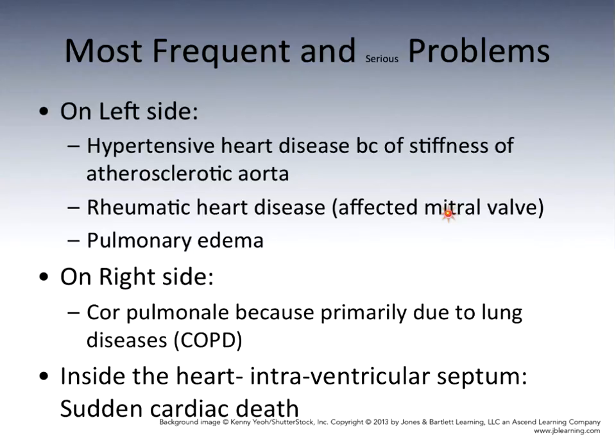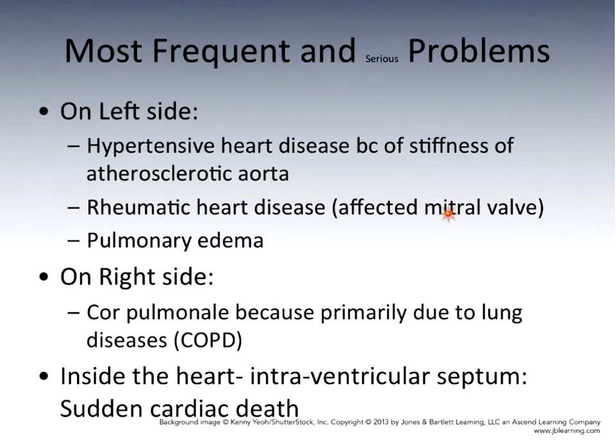Sometimes, particularly in less developed countries, people can be affected with a disease called rheumatic fever. This is secondary to a strep throat infection, which then leads to an autoimmune reaction that somehow loves the mitral valve most, and it either destroys it, or all this chronic inflammation leads to calcification and stiffness of the valve.